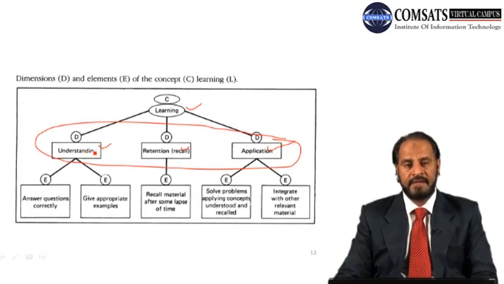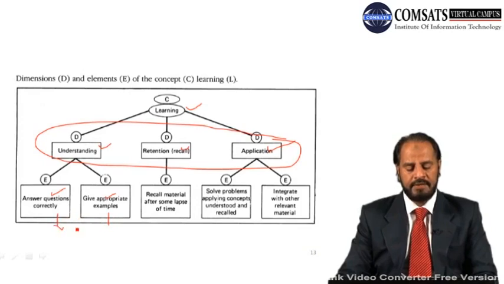That is, there will be some understanding achieved, some retention made, and some application to be done of the area or the thing which you have learned. And once we look at understanding, we say learning basically can be measured if you are able to answer proper questions correctly or give appropriate examples. This is the indication or the actual real behavior which needs to be addressed.